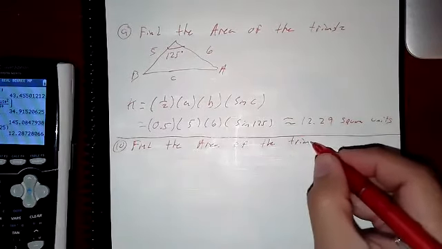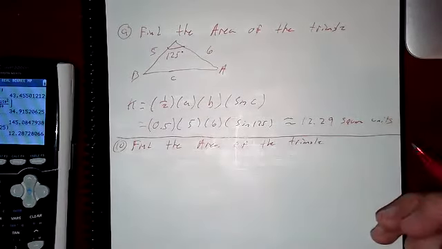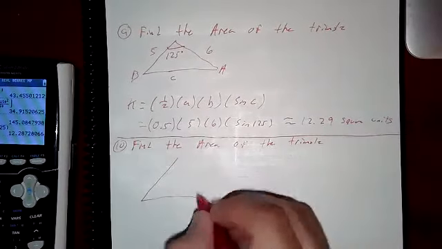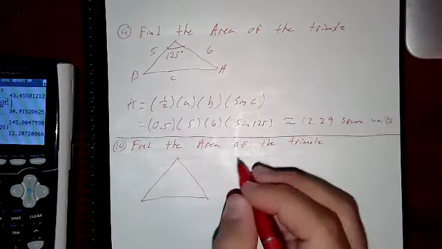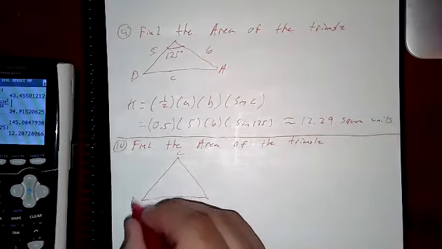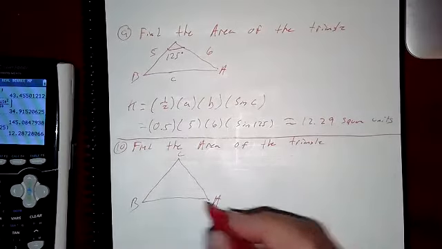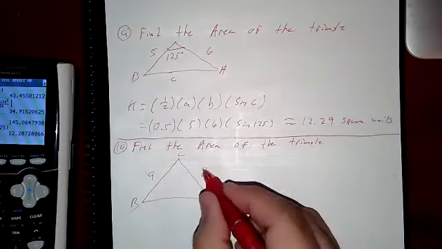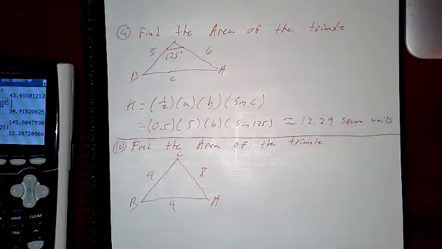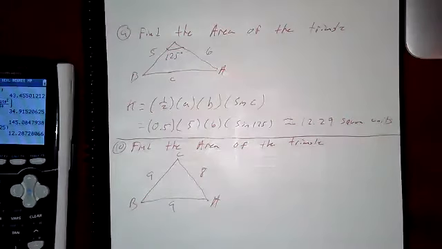Okay. I'm doing the same thing, except they give you all sides and no triangle, which means you have to use Hero's formula, right? So here's C and B and A. So they give us 9, 8, 9. One second.